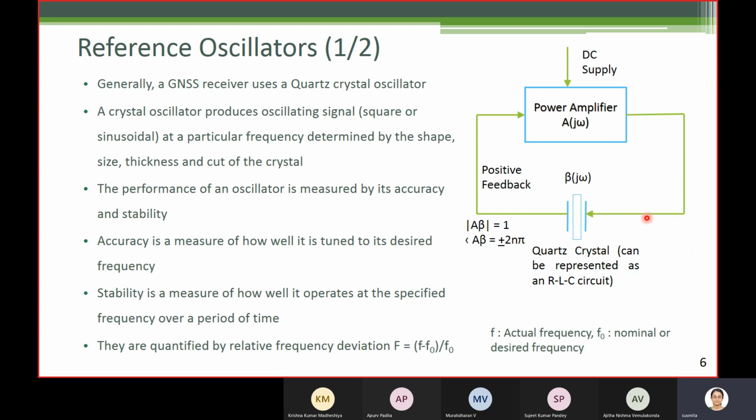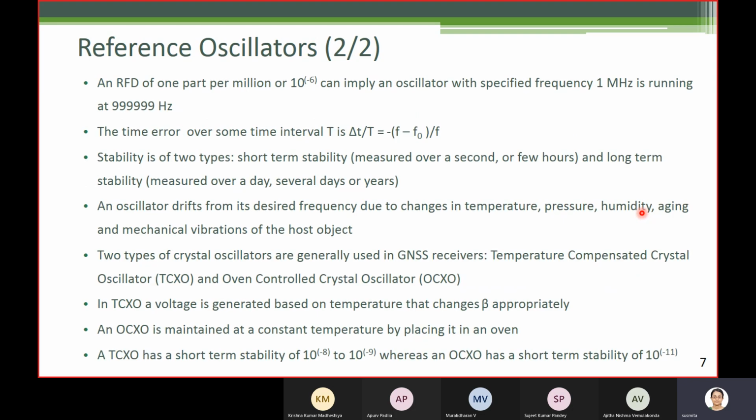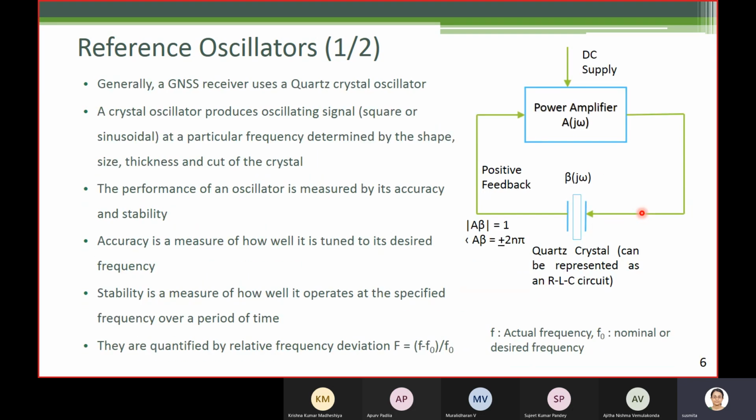So if we can have additional circuitry that counts the number of cycles, using that we can keep track of time, because when 10 to the power 6 cycles are over, we know 1 second has elapsed. Assuming that it is an ideal oscillator, there is no error, nothing. So this way, by counting the number of oscillations with the help of additional circuitry, we can keep track of time.